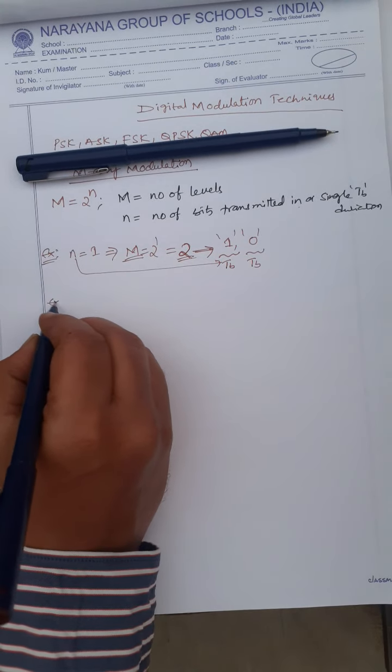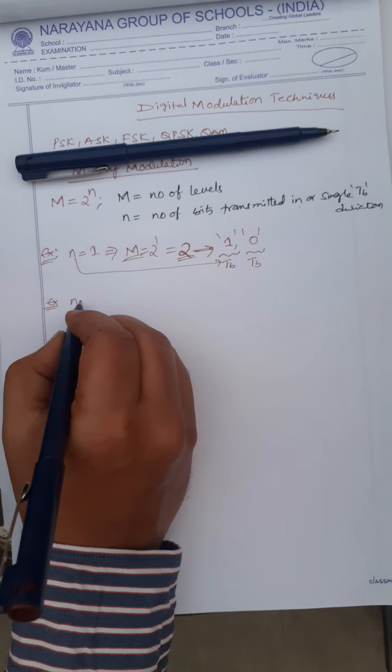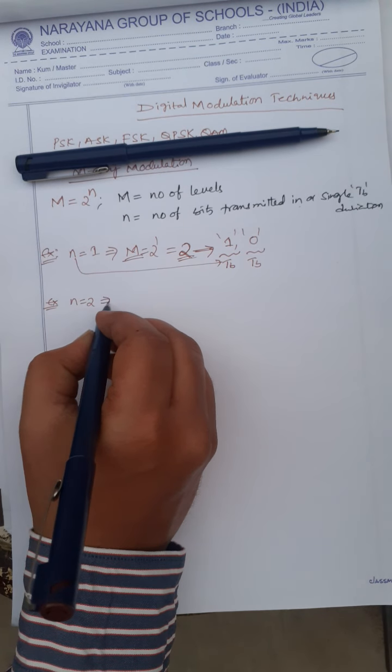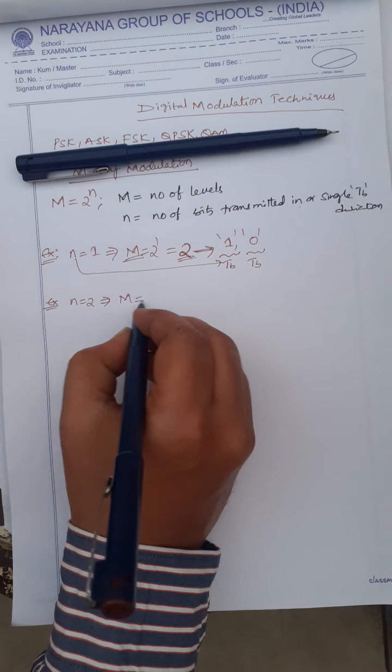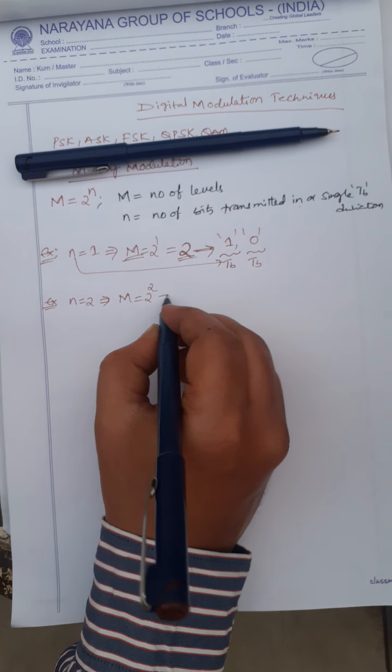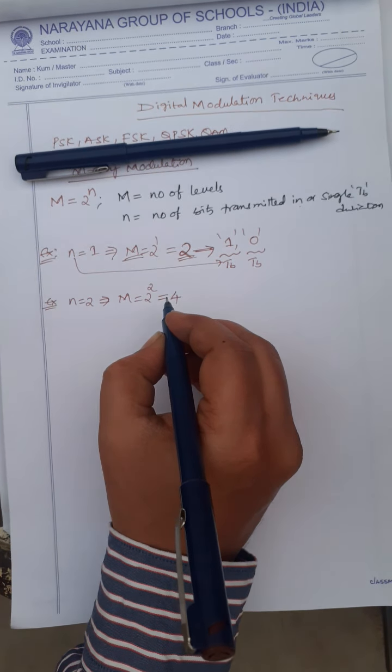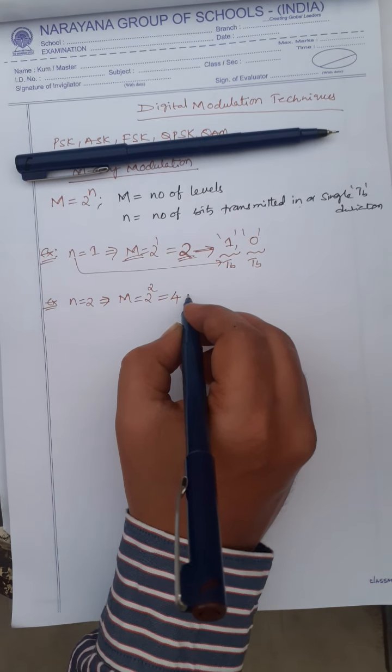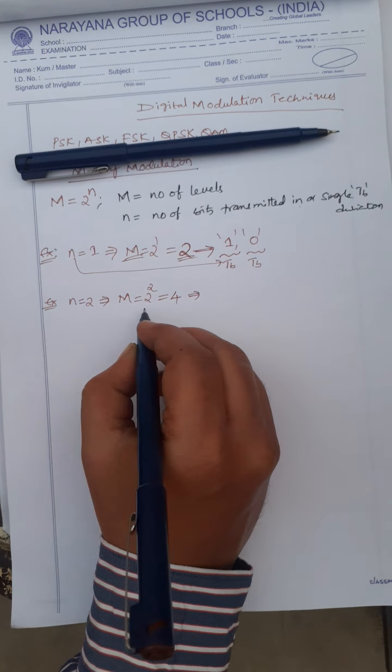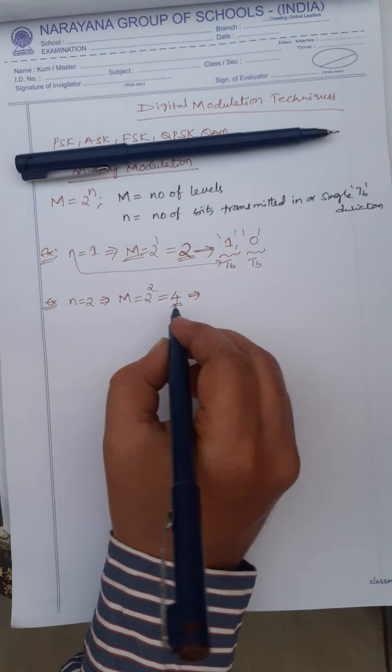Now another example, by putting n equal to 2, M is equal to 2 square, that is equal to 4. So the number of levels will be 4.